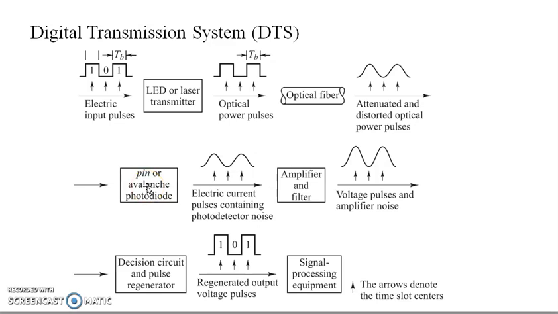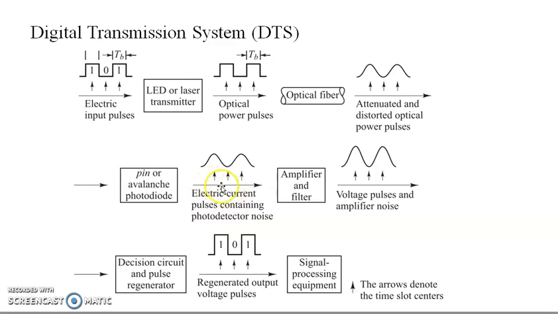The sensitivity is about detecting the 1 and 0 by this particular detector diode, or responding to the given pulses. Because the optical pulses fall on it, it produces electric current pulses, and these have some noise, which is removed using a filter.